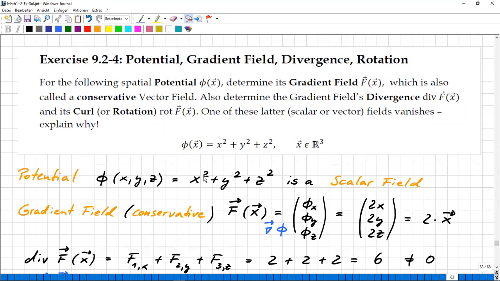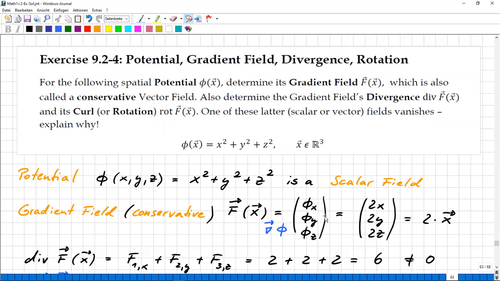Of course, x squared differentiated for x gives you 2 times x. Also, these two are additive constants, constants in the sense that they don't depend on x. Okay, you remember we leave them alone, but it means in this case they go away when taking the derivative. And the same holds analogously for the second and third component.